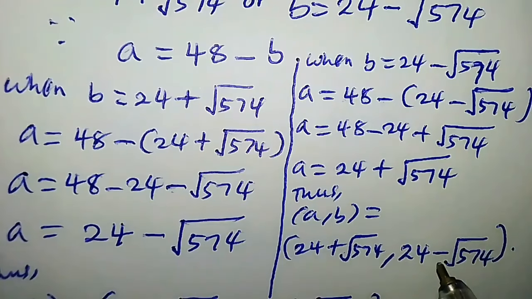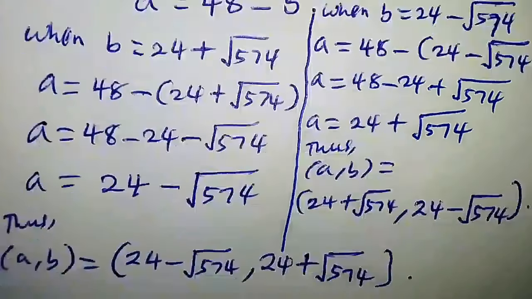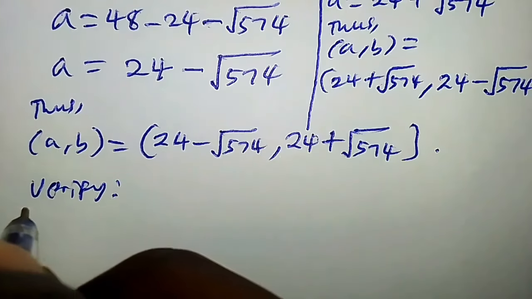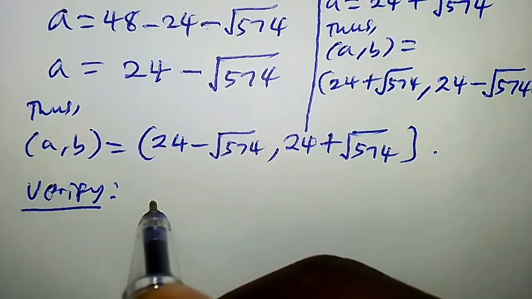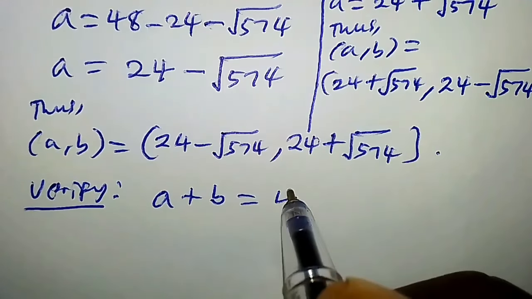This is the second solution, but that is not enough. Let's verify if these solutions are indeed correct. Verify using equation 1, which is A plus B equal to 48.